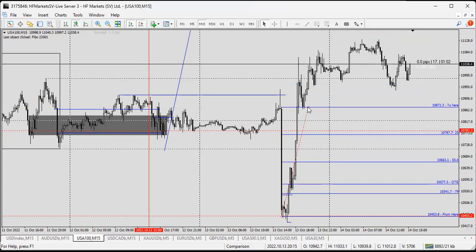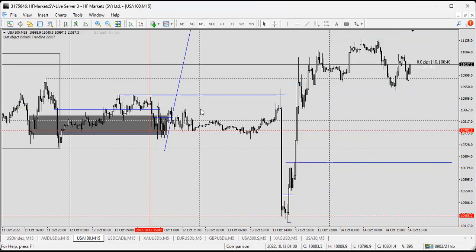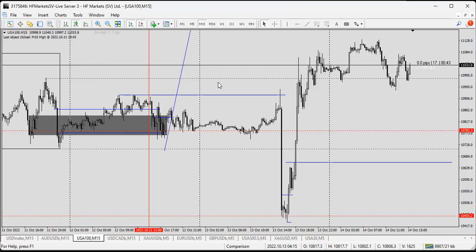And let's go here. One minute until news. It's good enough. Let's take off some of these lines. So ideally, I'd want my setup to form inside here to go long, and I'll enjoy it.